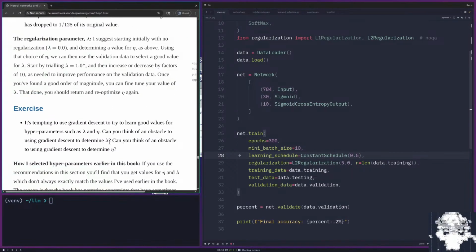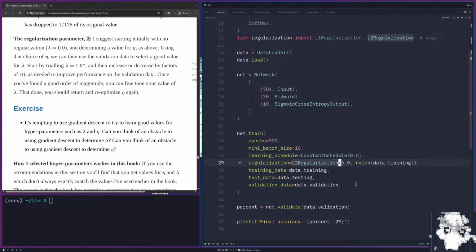Oh, searching for the regularization rate, lambda. So I can do lambda equals this and eta equals this, just so that the word is there and it's readable. I don't think I'm gonna do that.